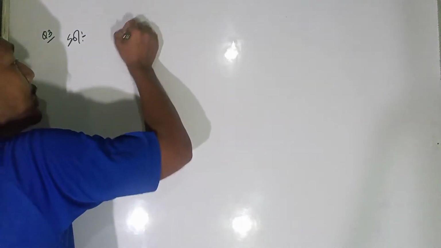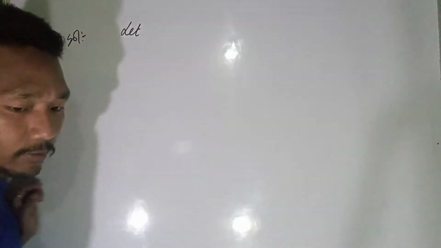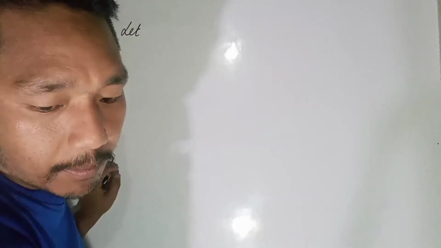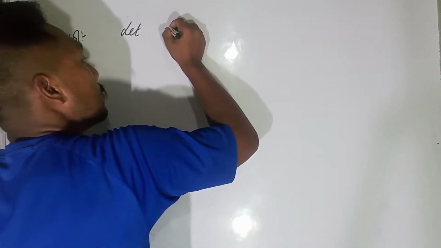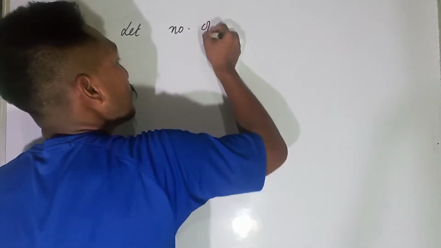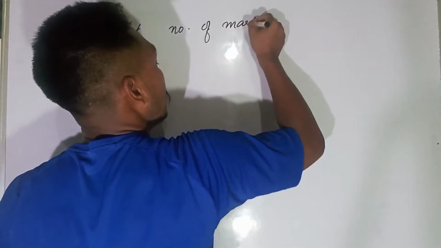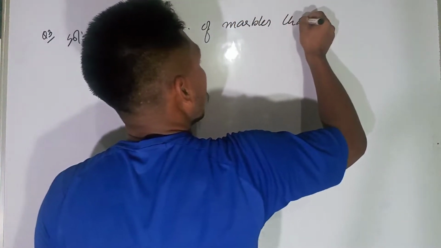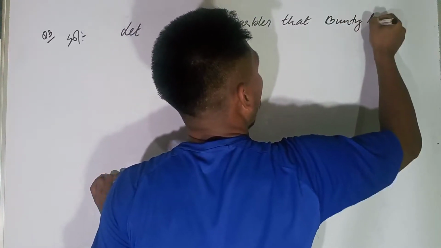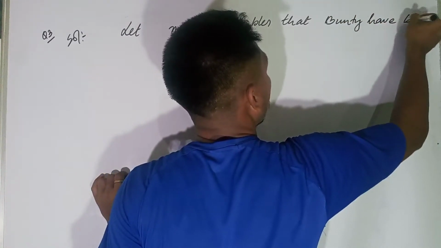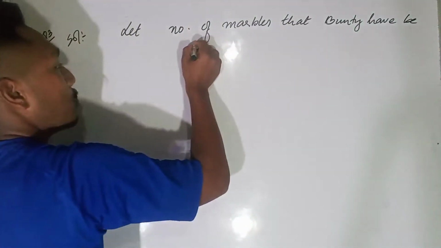Let the number of marbles that Bundy has be x, because we don't know what this is. According to the question, Bobby has 13 marbles.